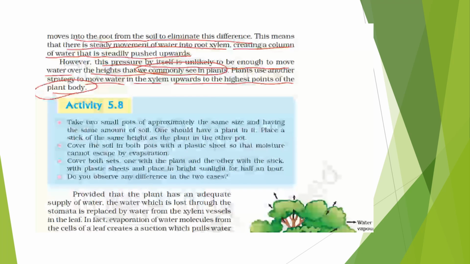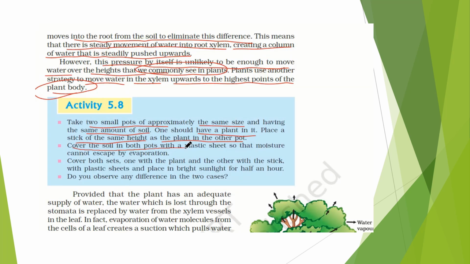Now first we will just go through one activity. Take two small pots of approximately the same size, having the same amount of soil in them. One should have a plant in it. Place a stick of the same height as the plant in the other pot. Cover the soil in both the pots with a plastic sheet so that moisture cannot escape by evaporation.